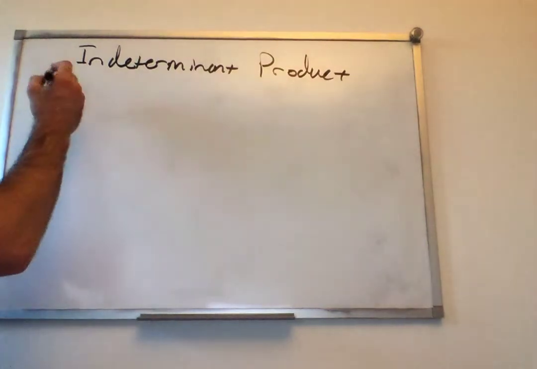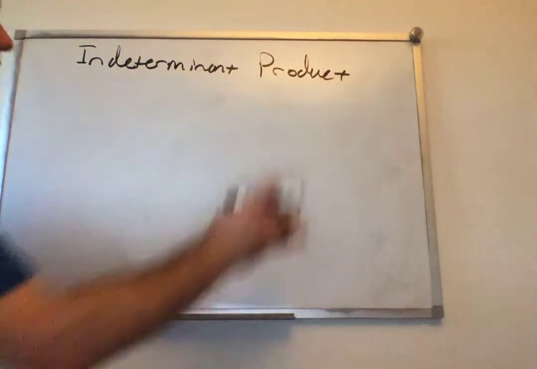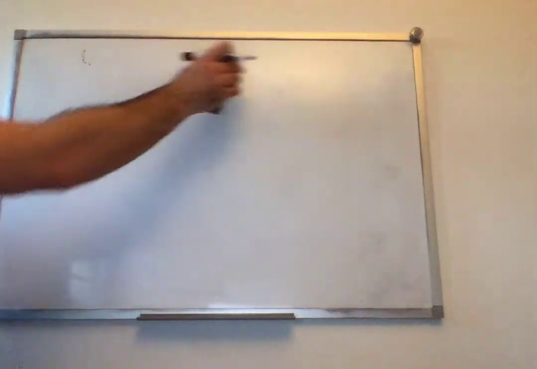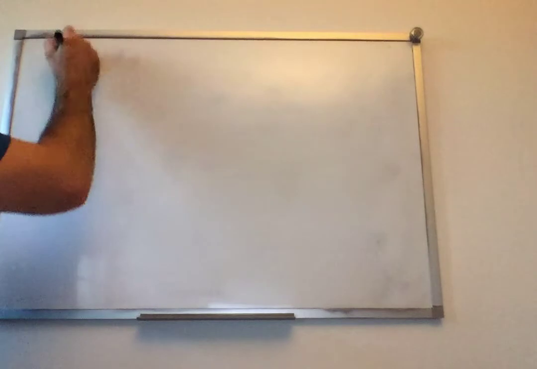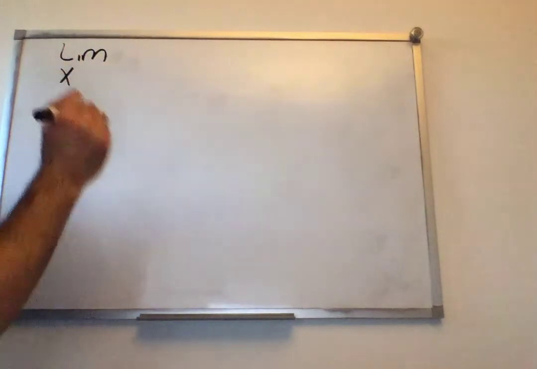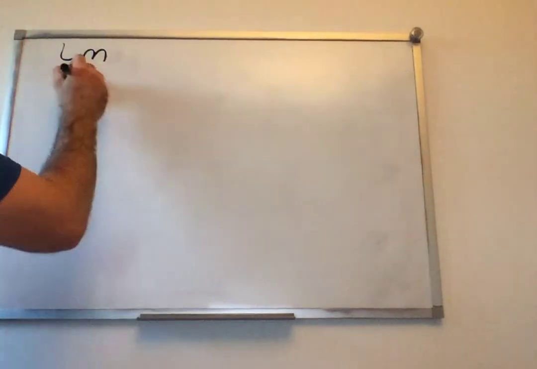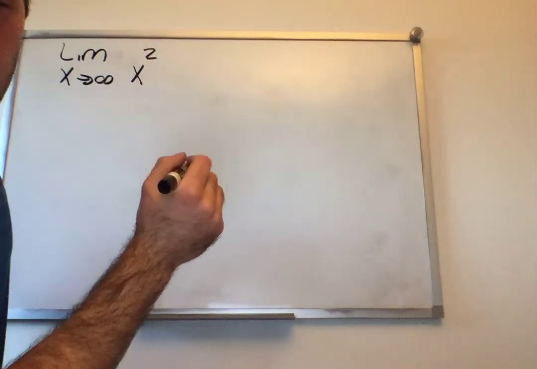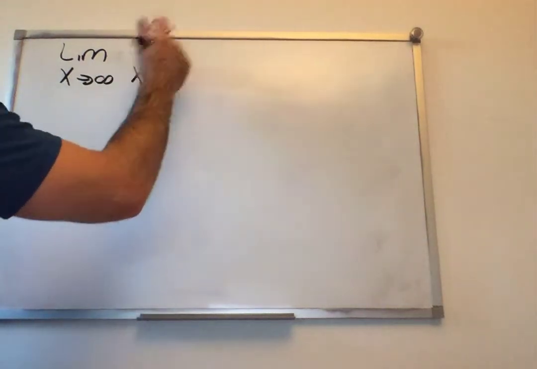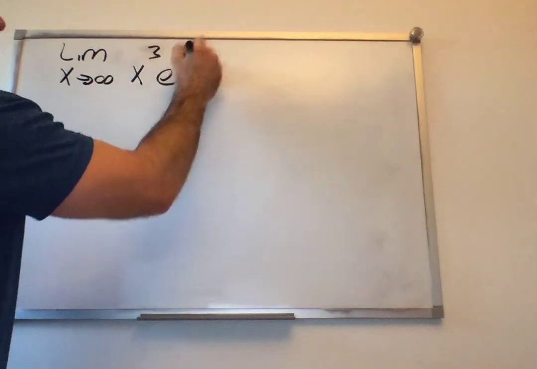So here's our first example. Oh, actually, let me get rid of this so we have more room. So, limit as x goes to infinity of x cubed e to the negative x squared.